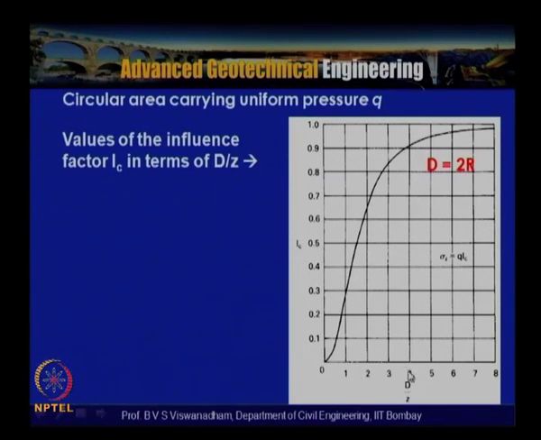So by knowing d by z, let us say we have a d by z value of 1 and the influence factor is 0.3. That means 0.3 into q is the increase in stress due to the circular load area, and this vertical stress is at the center of the circular loaded area.